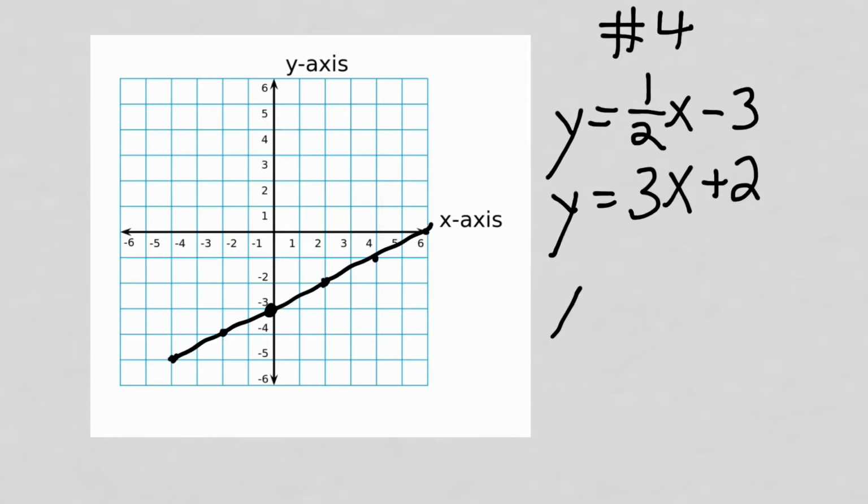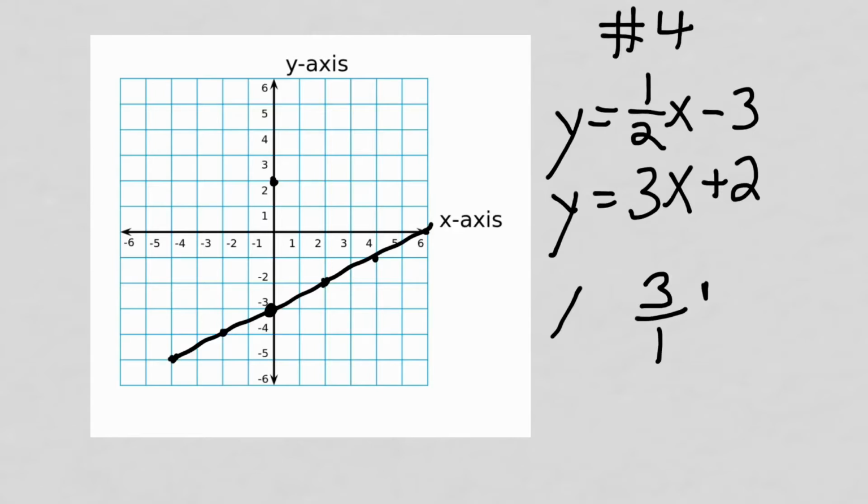The second one is y equals 3x plus 2. All right, I go to the y-intercept, which is plus 2. And I know that the slope is 3. Okay, whole number 3. That means it's going to be that whole number over 1.